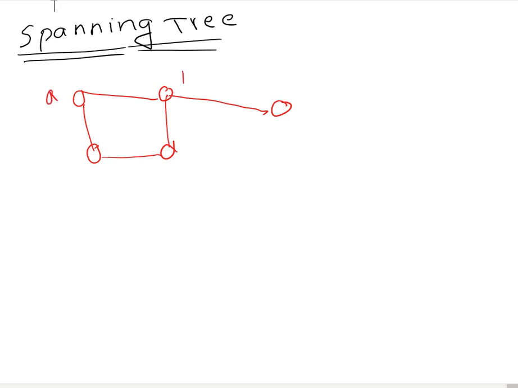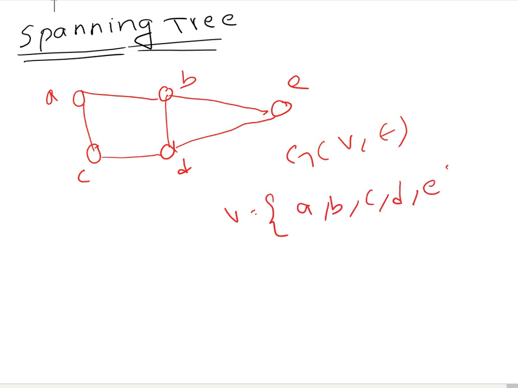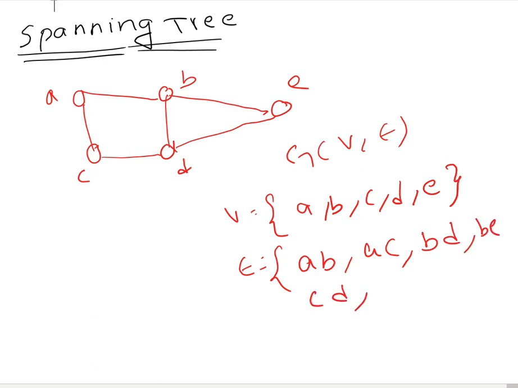The names of the vertices are A, B, C, D, E. So this graph G has the vertices A, B, C, D, E, and the edges we have here are AB, AC, BD, BE, CD, DE. These are the edges we have in this graph.